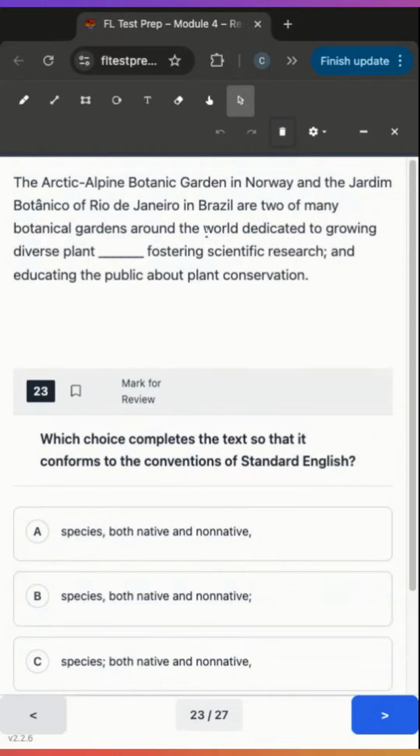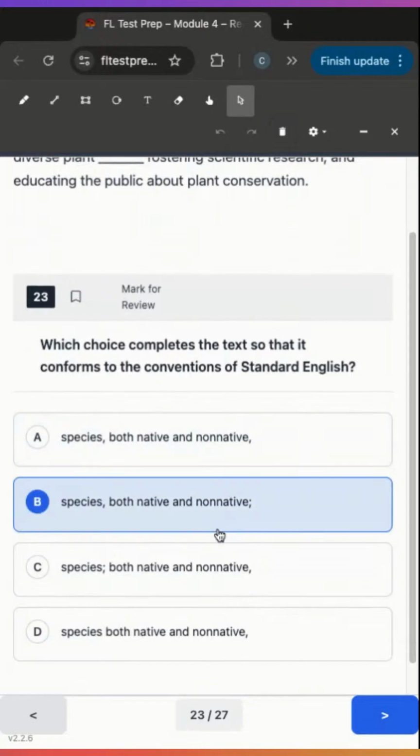Around the world dedicated to growing diverse plant species, both native and non-native, or is it both native and non-native fostering scientific research? I think both native and non-native should go with the idea talking about plant species. So therefore, B is going to be the correct answer for this question.